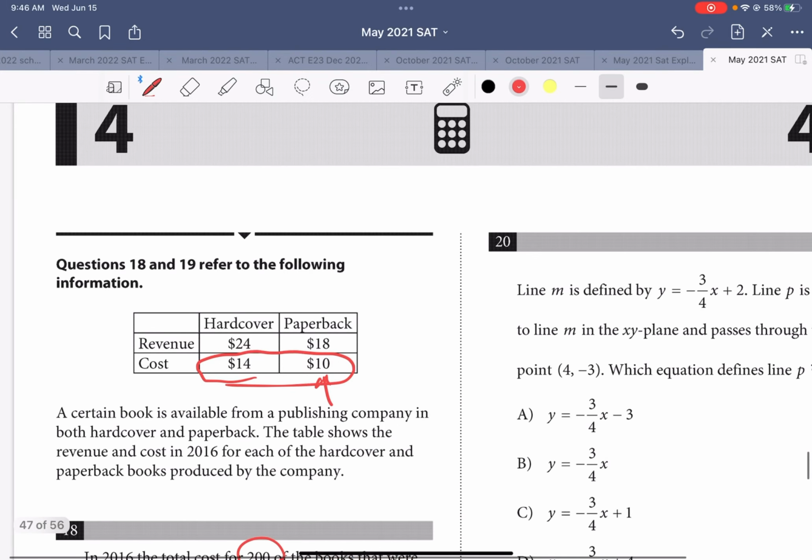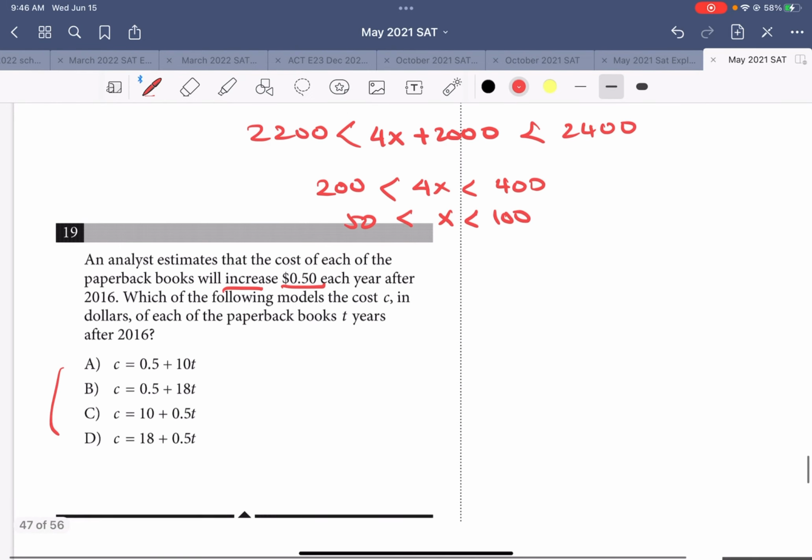In 2016, the value is 10, right? Cost. So 10 plus each year it will increase $0.5. So 0.5 times the number of years after, so T. Answer C. Okay. That's the linear.